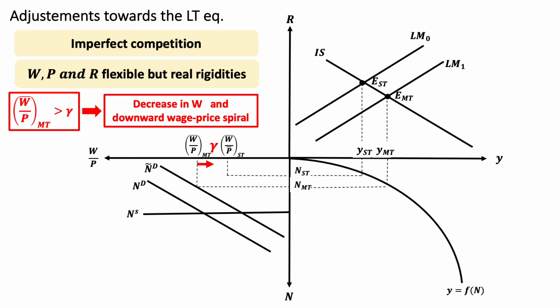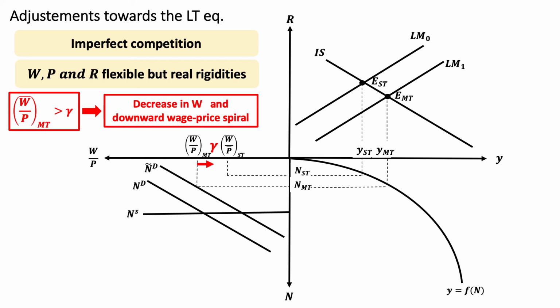This decrease will trigger a downward wage price spiral, and so a decrease in the general level of prices. Indeed, the decrease in W results in a decrease in W over P. This increases the supply of goods.